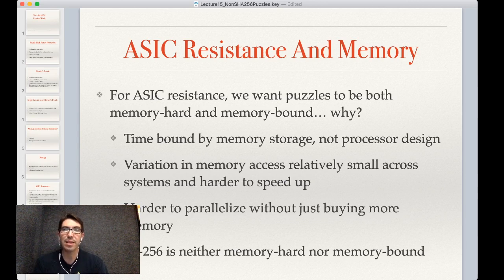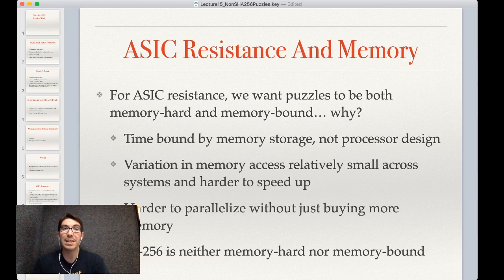So increasing the speed of the processor or designing it for our particular algorithm is not going to help us. This is harder to parallelize without just buying more memory, in which case what's the point of having this specialized hardware when really you can just buy more memory for your computer.